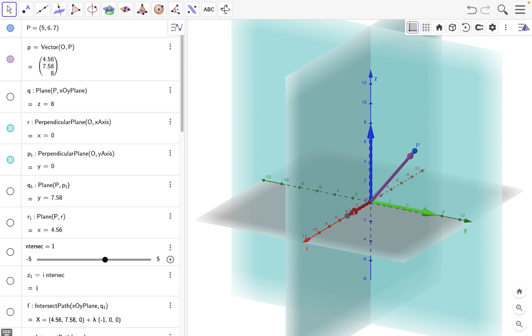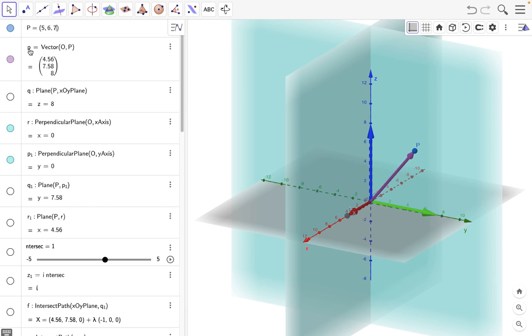Resolution means basically resolving or decomposing the vector into its components. So, if we are taking 5, 6, 7, that is the coordinate of the tip of the vector. So, 5, 6, 7 is the coordinate of the tip of the vector, and in GeoGebra the tail of the vector is by default 0, 0, 0.